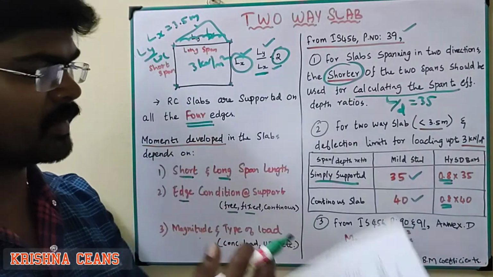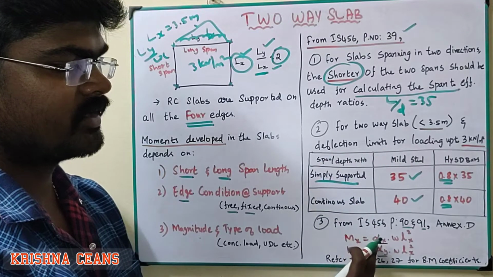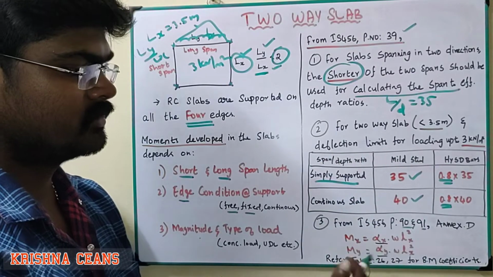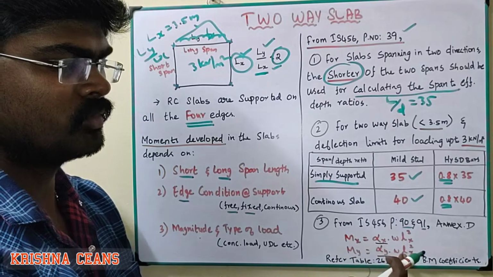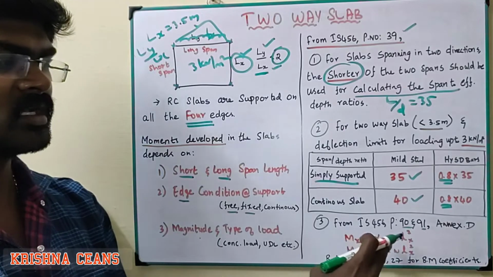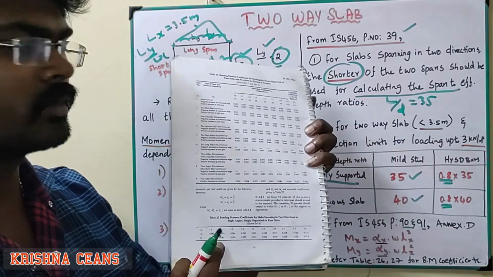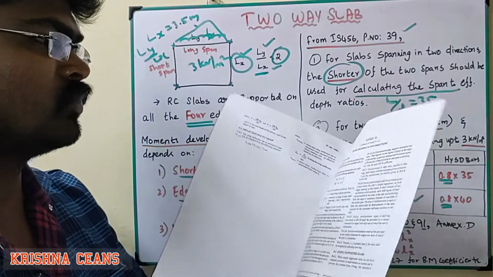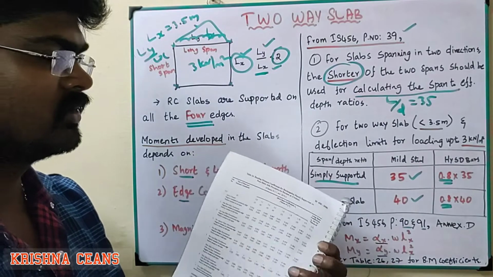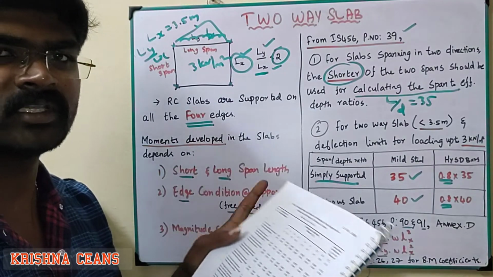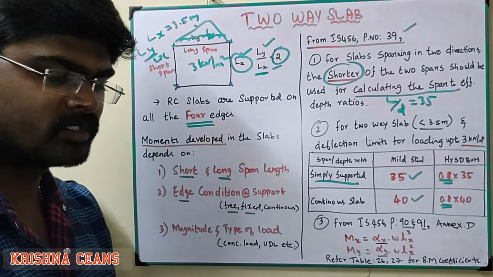The formula for Mx, the moment about the x axis, is alpha x into W into Lx square, whereas the moment about the y axis is alpha y into W into Lx square, where the alpha x and alpha y values we have to refer from the table. So kindly note down page numbers 90 and 91, Annex D, slabs spanning in two directions, available in your IS 456. We have to go through this before going to the design of slabs.